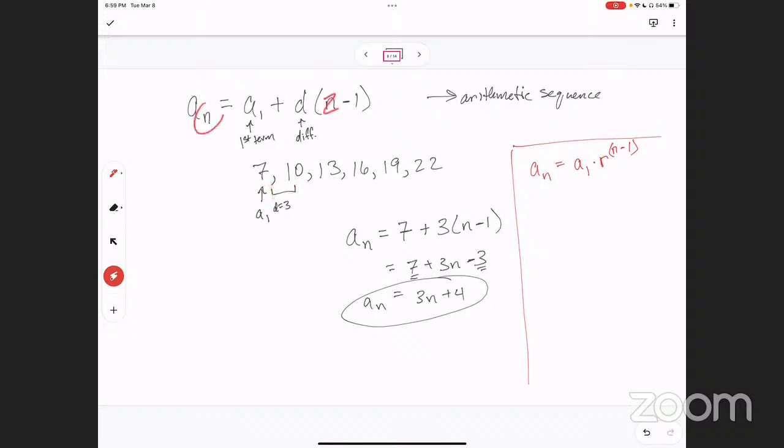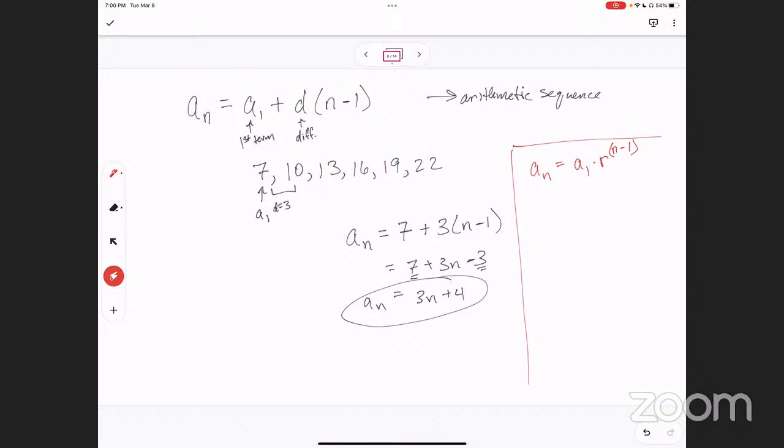That's why I did 2 minus 1, because it gives you 1 d that you add to the a sub 1. But if I wanted my third term, how many times did I add 3 to get to my third term? Twice. So for my third term, n minus 1 means 2. I added d 2 times to the first term. You see how that makes sense?